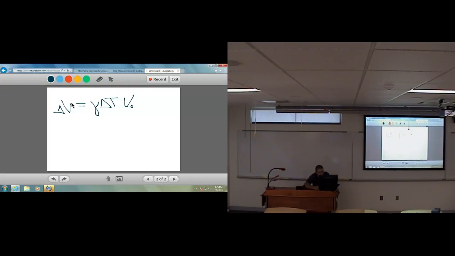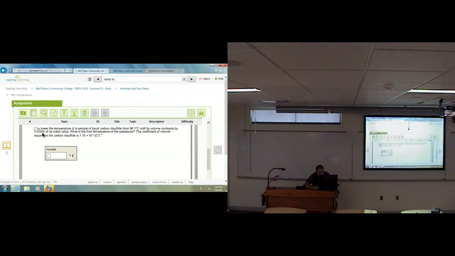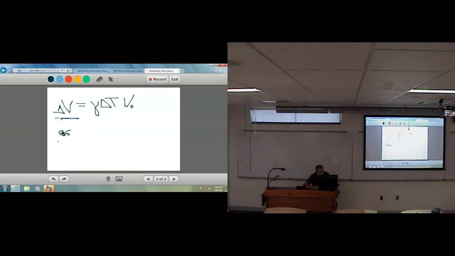Yeah, very much. Okay, so what is the delta V? The delta V is how much the volume changes. Well, in this problem it says that it changes by 0.505% of its original value. Well, what is that equal to? It's equal to 0.00505, right?